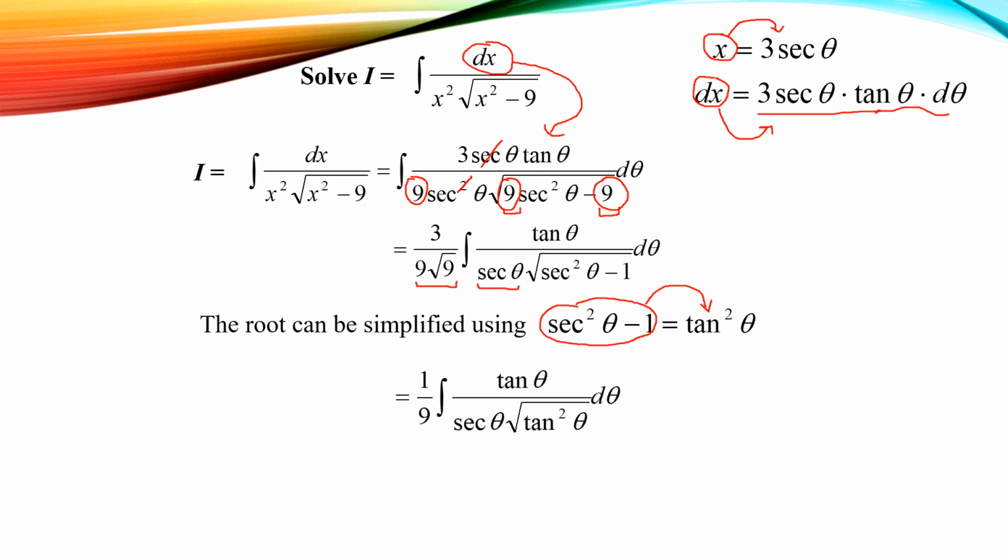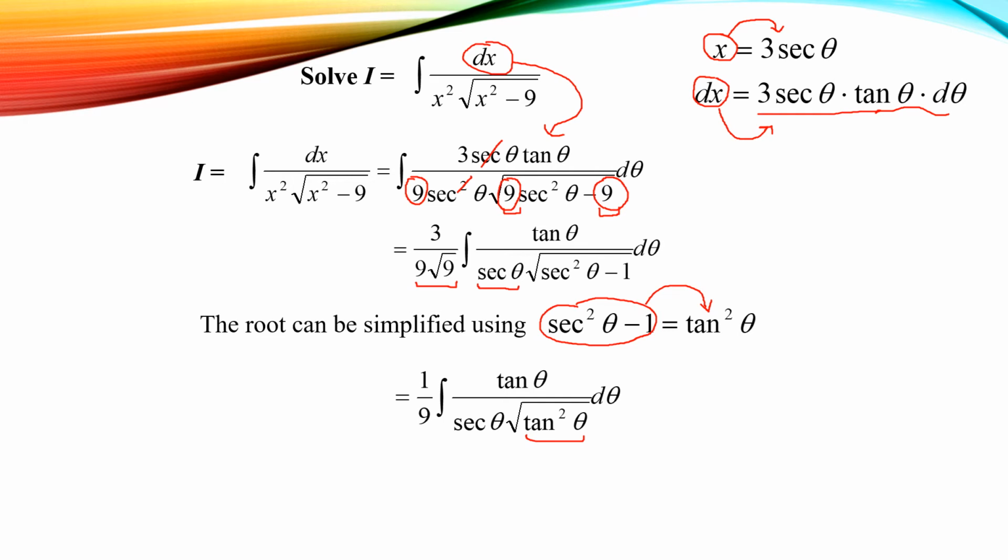So inside the square root, secant squared theta minus 1 is tan squared, and the factor out front, 3 divided by 9 is 1/3, and root 9 is also 3, so we get 1 over 3 times 3, which reduces to 1 over 9 out front.